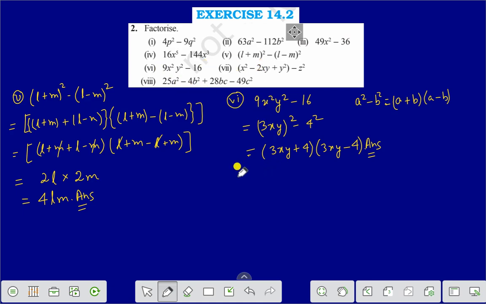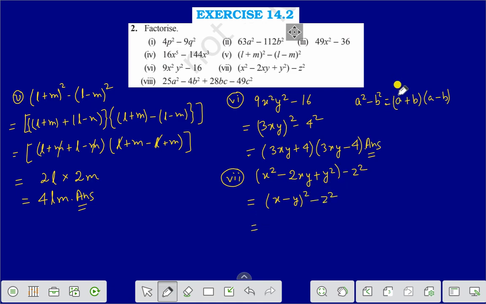Now question number 7. Question number 7 is x square minus 2xy plus y square minus z square, or it can be written as, you see, x square minus 2xy plus y square is (x minus y) whole square, minus z square.